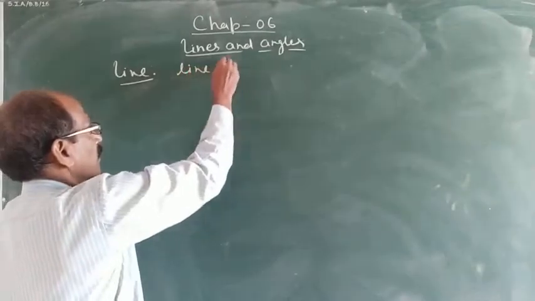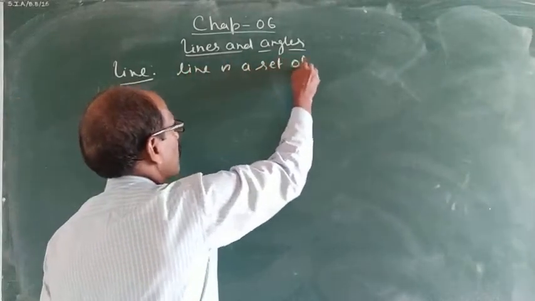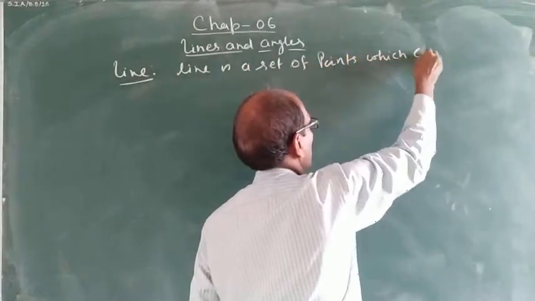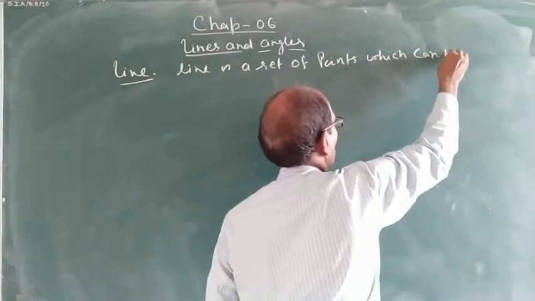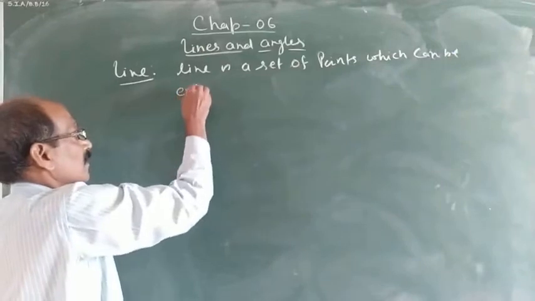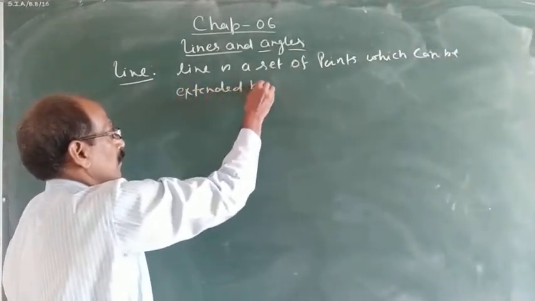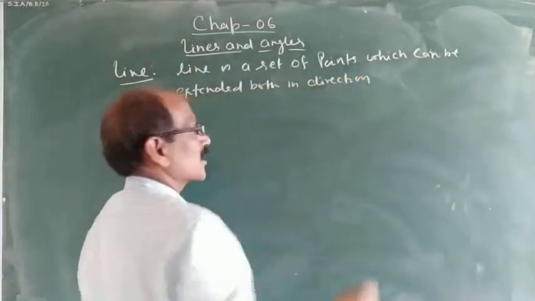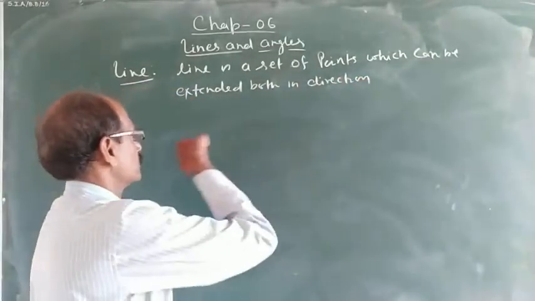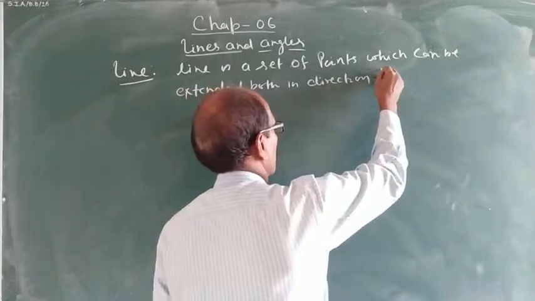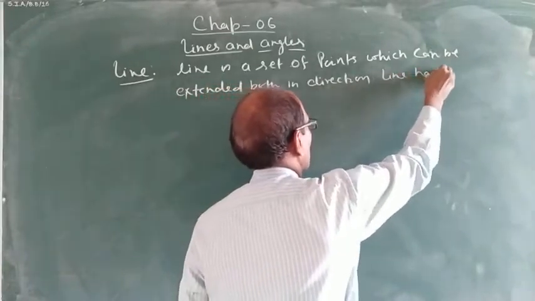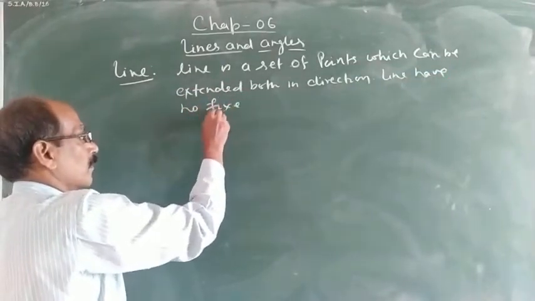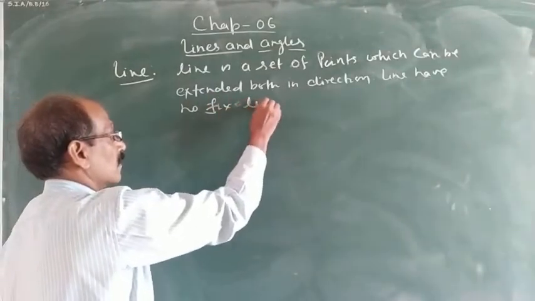Line is a set of points which can be extended both in direction. Again, line has no fixed length.